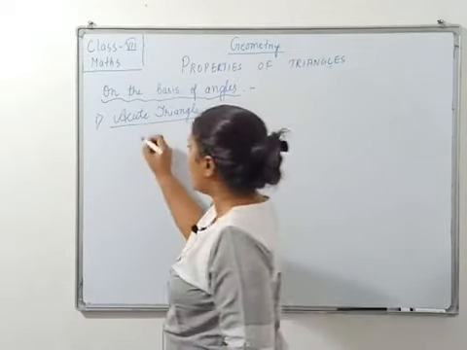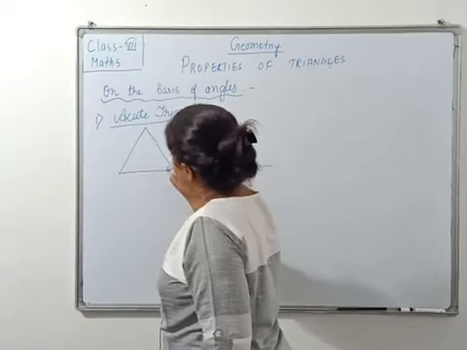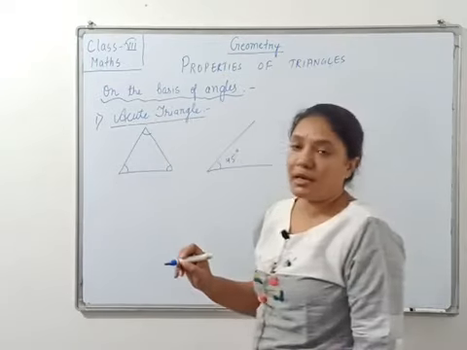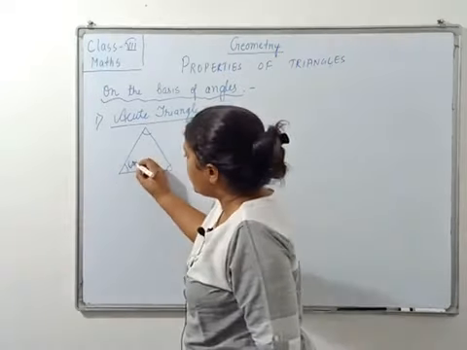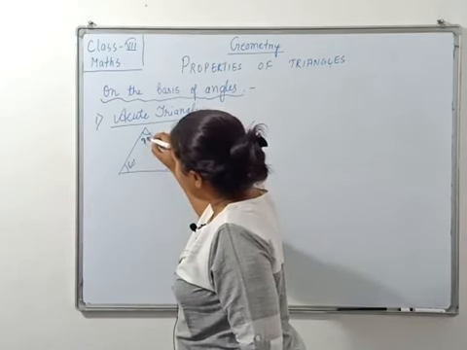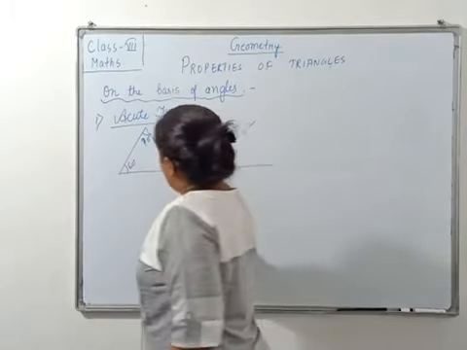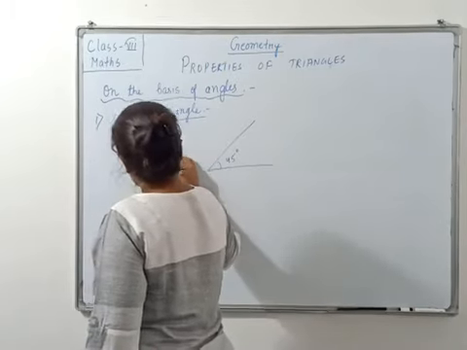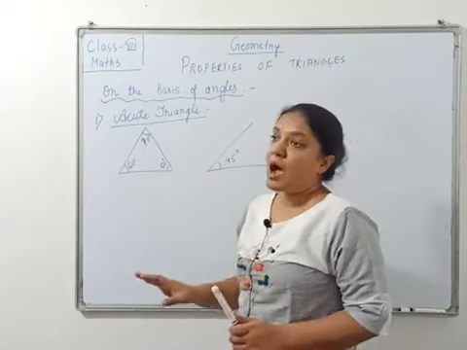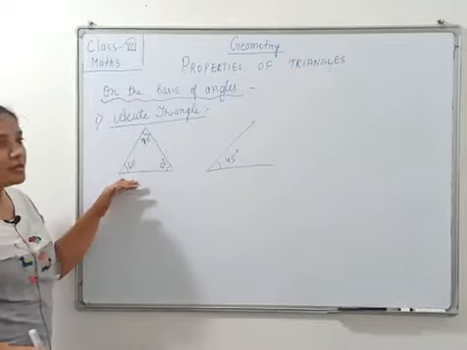If I draw one triangle here and all the angles are less than 90 degree, suppose one is 60, one is 70 degree, then another one if I say 50 degree. That means when all the three angles are less than 90 degree, that is acute angle triangle.